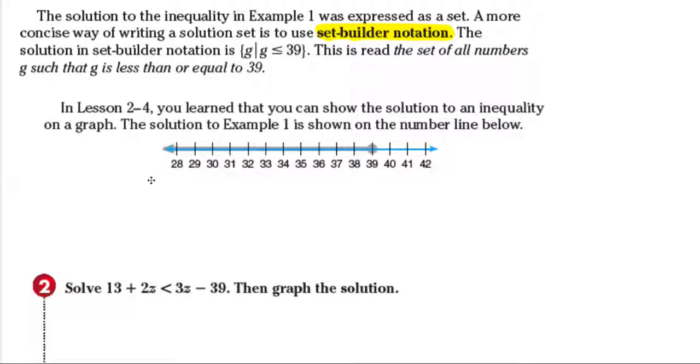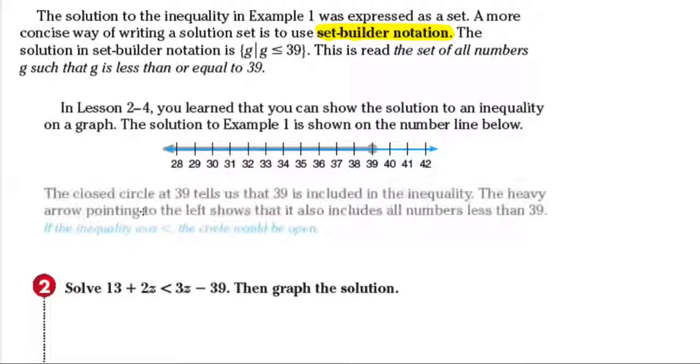The closed circle at 39 tells us that 39 is included in the inequality. That's why it's a closed dot or closed circle. The heavy arrow pointing to the left shows that it also includes all numbers less than 39.